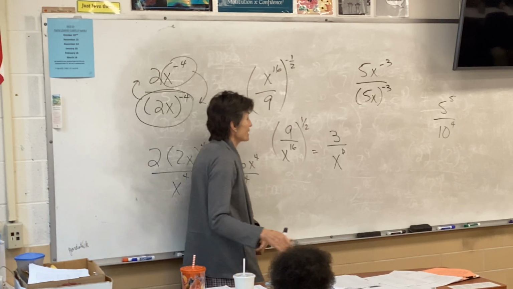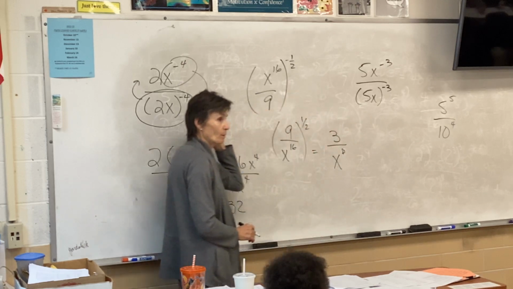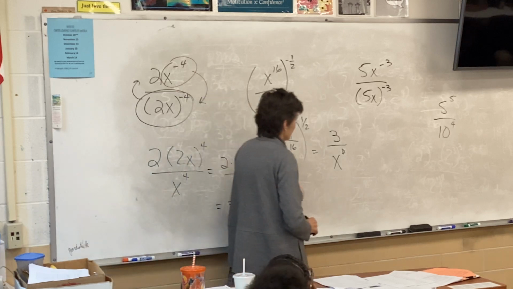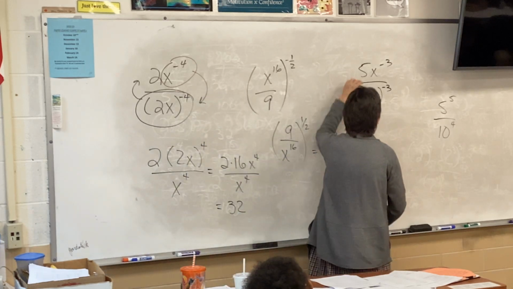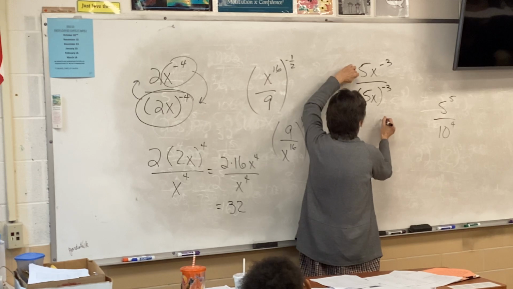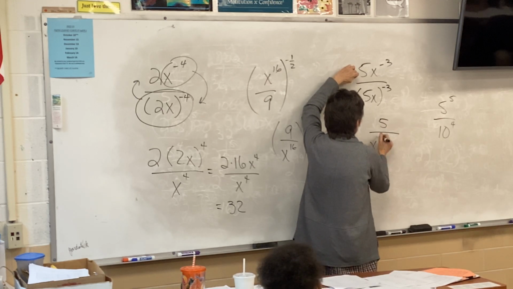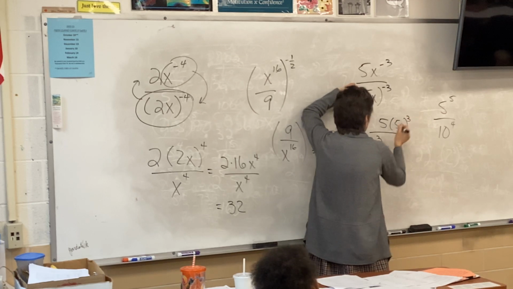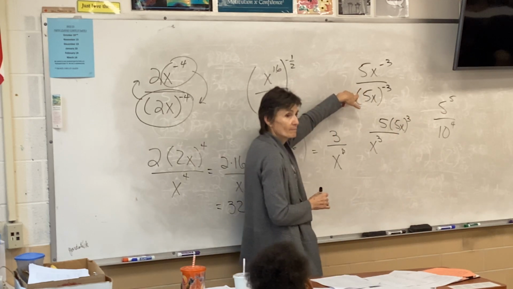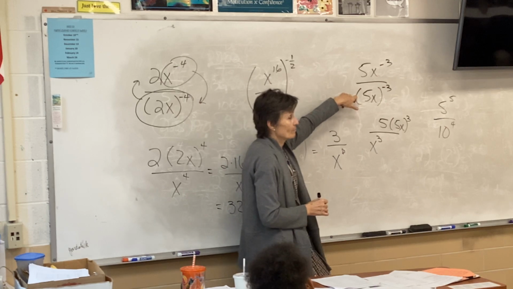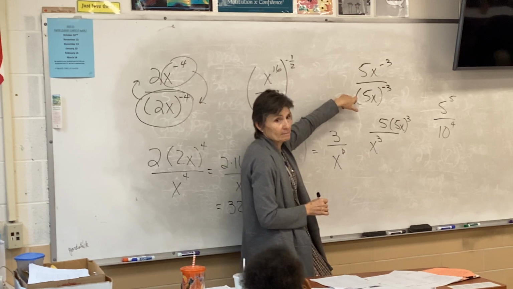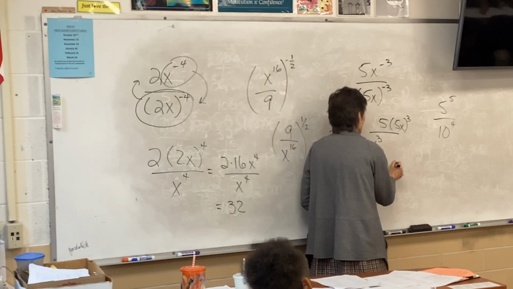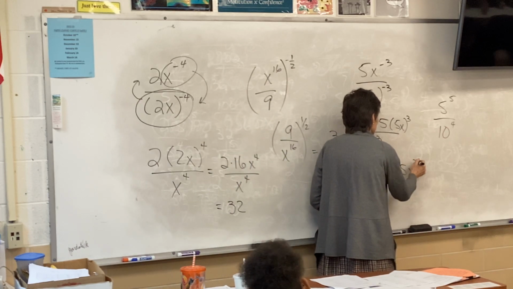All right, I got 2 sets of problems. This one looks a lot like the one over here that we just did. So we're going to have 5x cubed coming down and 5x cubed going up. Would you agree with that? Okay, so that's 5 times 125x cubed.